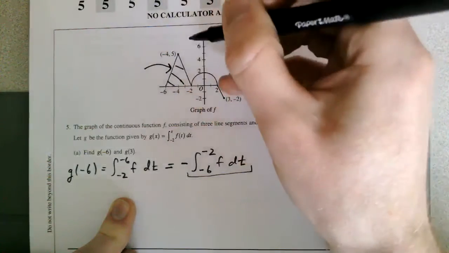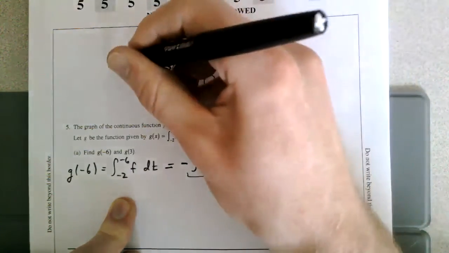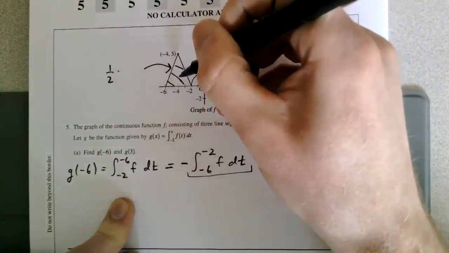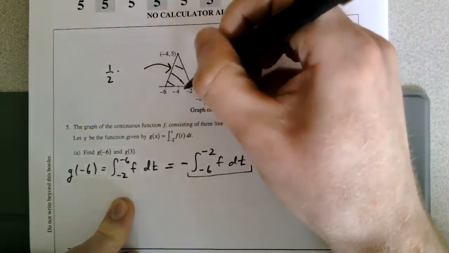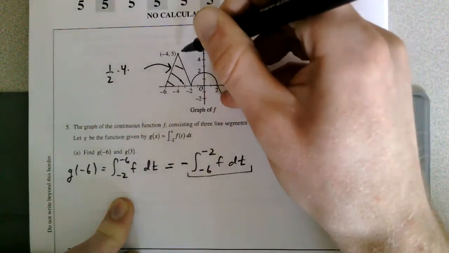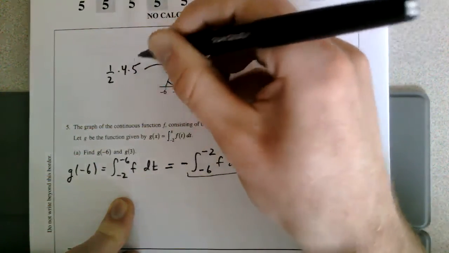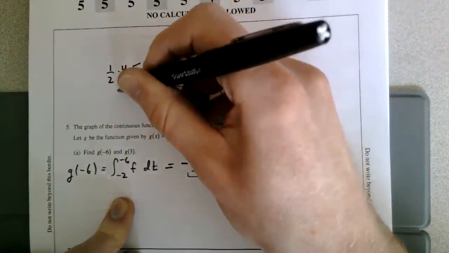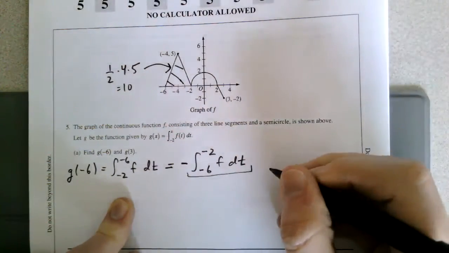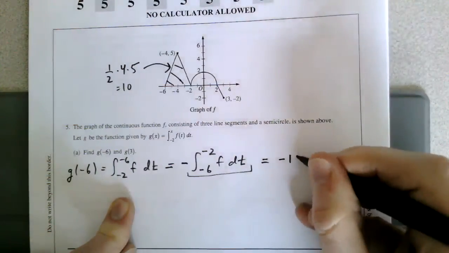The area is 1/2 base times height. It's 1/2. The base is, well, from -6 to -2 is 4. And the height, you can see that the y coordinate of this point is 5. So the height is 5. So that's 10. Of course, we have a minus sign in front of our integral, so that's actually -10.